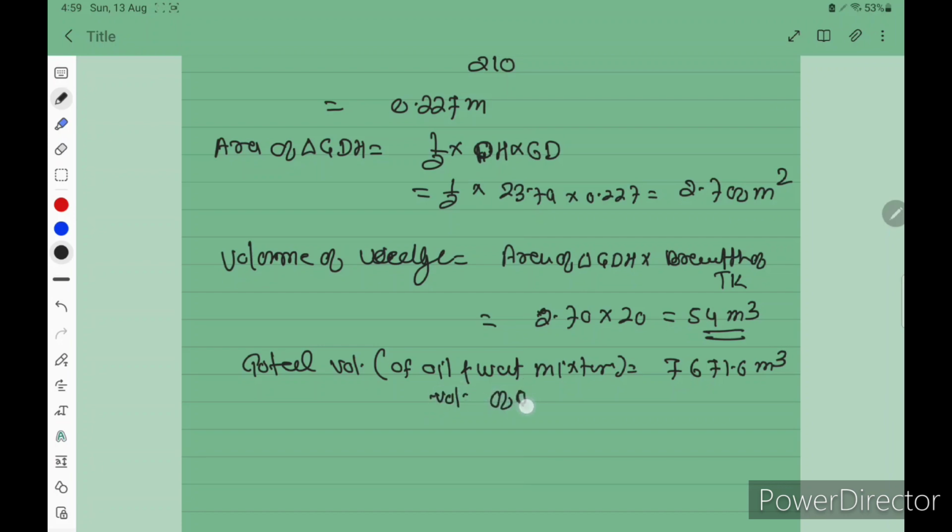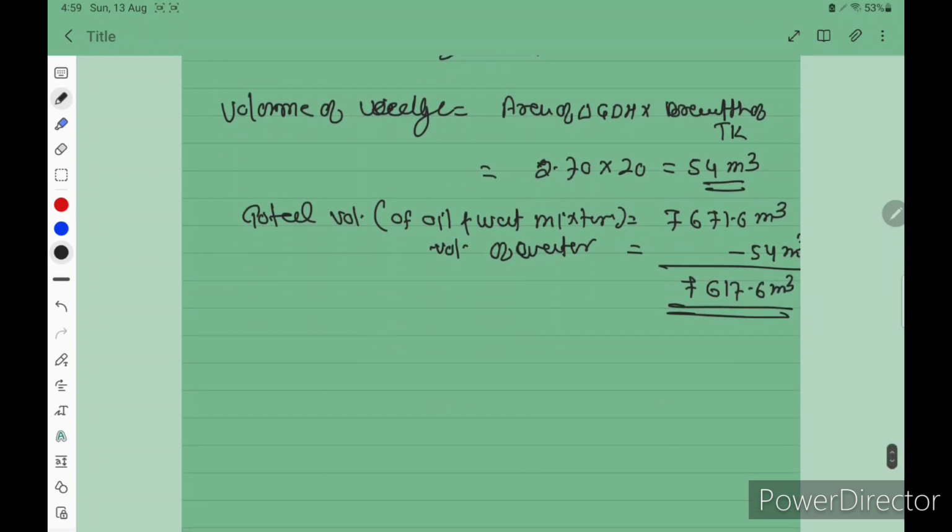Volume of water cut is 54 meter cube, so 7671.6 minus 54 meter cube gives the quantity, the gross observed volume of oil.